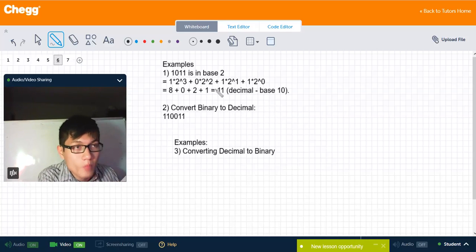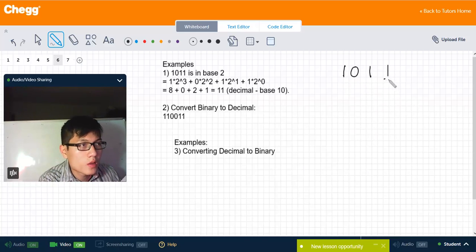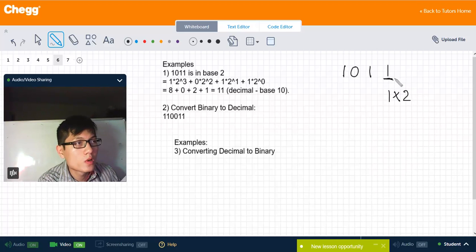Remembering that if you have 1, 0, 1, 1, the last digit corresponds to the base 2 exponent. So 1 here, you write 1 and you multiply with 2 to the 0 exponent, because this is the last one.